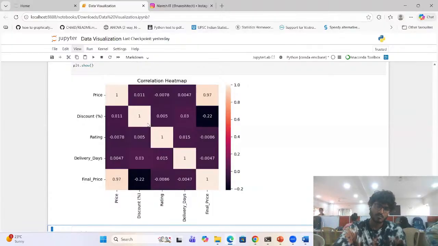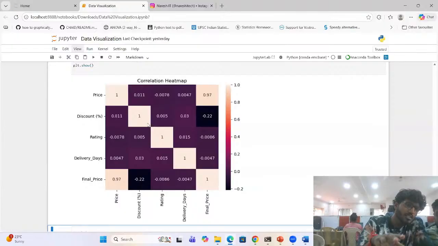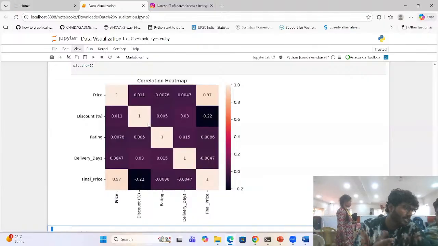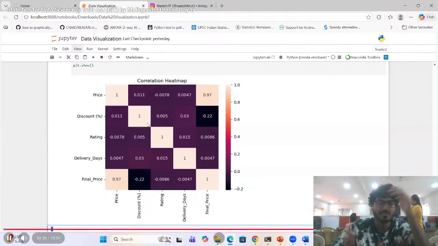In the next session, we are going to see probability and the probability basics.